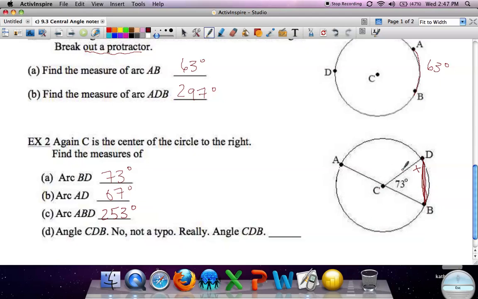CD is a radius, so CD has a value, and BC is also a radius, so BC has the same value. So this is really an isosceles triangle that has a vertex angle of 73. So if you take 180 minus 73 and divide that answer by 2, you'll get each of these base angles, and that answer is 53.5.